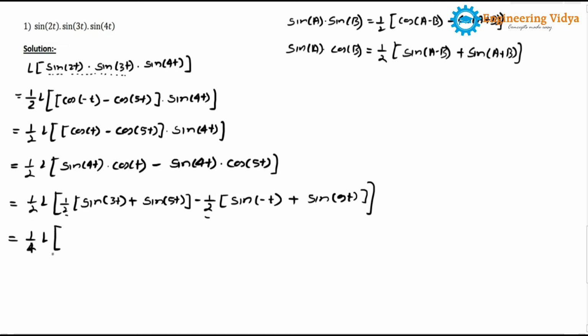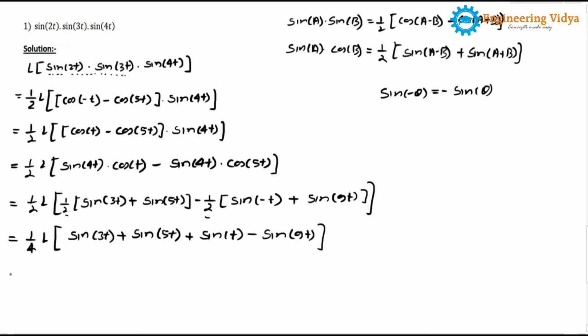So we can write 1 by 4, and inside the bracket sin of 3t plus sin of 5t will be there, and then sin of minus theta, since we already know that sin of minus theta is minus sin theta. When I open the bracket, minus minus will be plus. So we write plus sin t and then minus sin 9t.